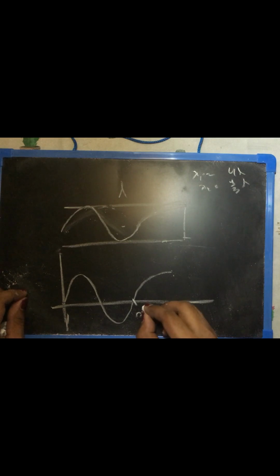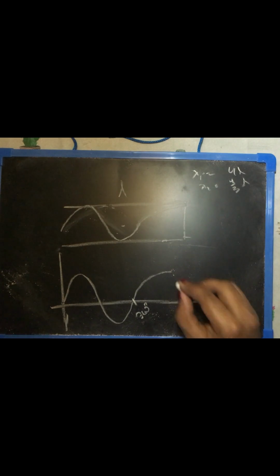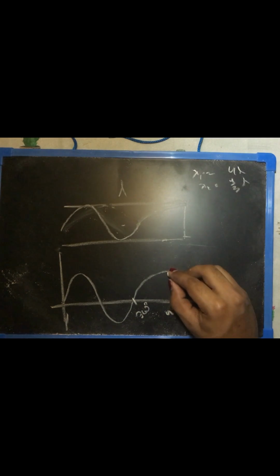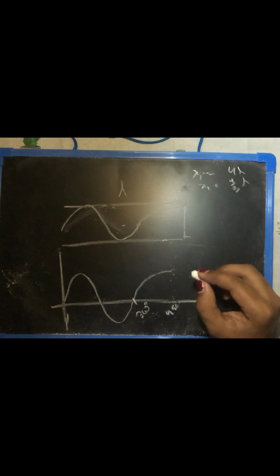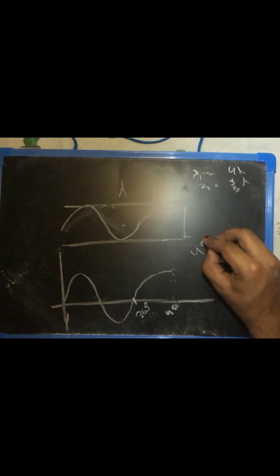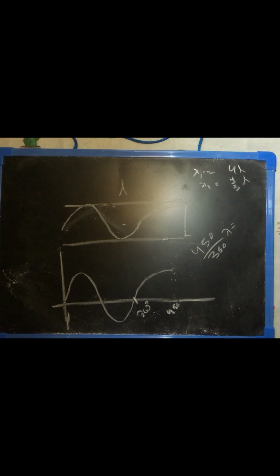And if this is 360 degrees, and this should be 90 degrees, so 90 plus 360 is basically 450 degrees, right? So what is 450 degrees divided by 360 lambda? 450 divided by 360 is 5 by 4 lambda. So we are getting 5 by 4 lambda here.